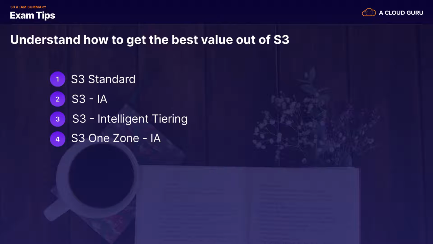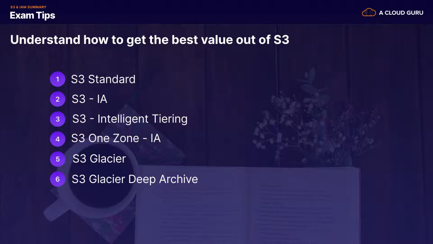However, do keep in mind that if your data is crucial, you basically don't want to put it on that, because if you lose that zone, that's it, you've lost your data. So it is a lot cheaper. It's for data that you can easily reproduce, and you will get that as a scenario-based question. We then have Glacier. This is for data archival, and then the cheapest of all the storage is S3 Glacier Deep Archive.